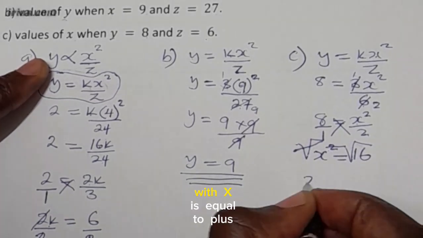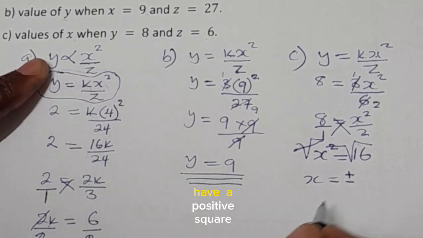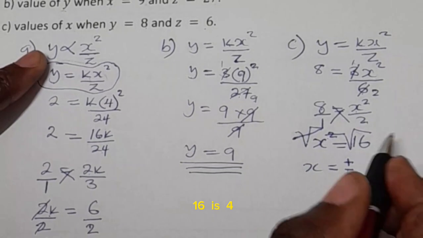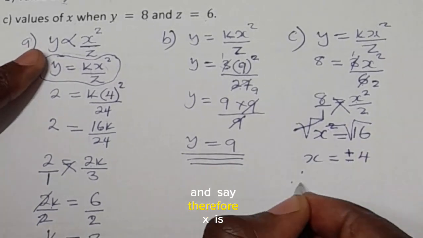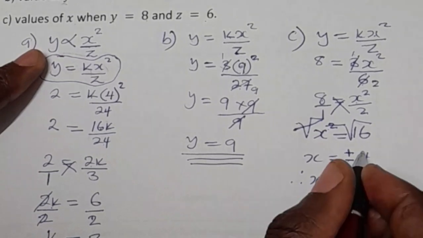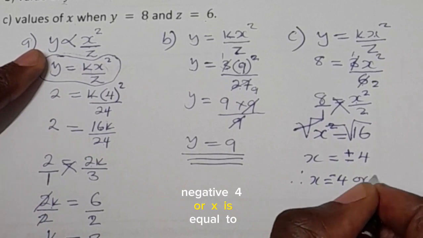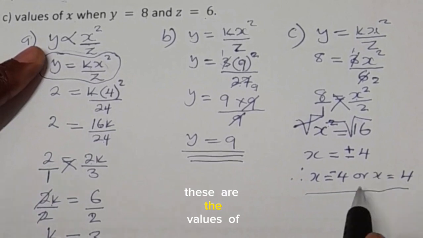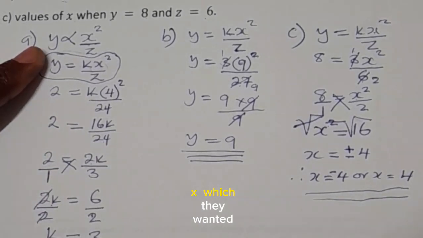You are going to remain with x is equal to plus or minus, meaning we are going to have a positive square root and a negative square root. Then square root of 16 is 4. So you can now conclude and say, therefore, x is equal to negative 4, or x is equal to 4. So these are the values of x which they wanted.